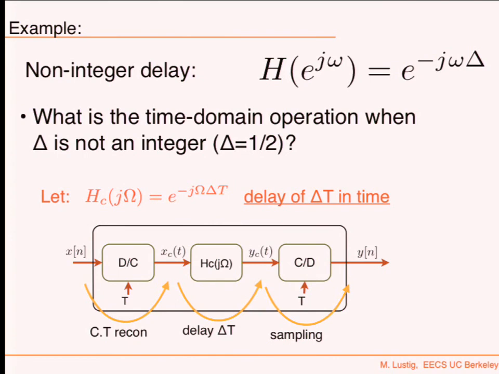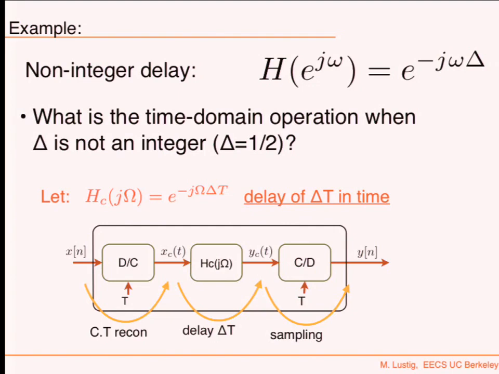Okay? Let's look. So far, when I put a linear phase across your spectrum, right? If I multiply your frequency domain, if my frequency response will be e^{-jωΔ}, where Δ equals 1. Okay? If Δ is equal to 1, that is a sample delay.